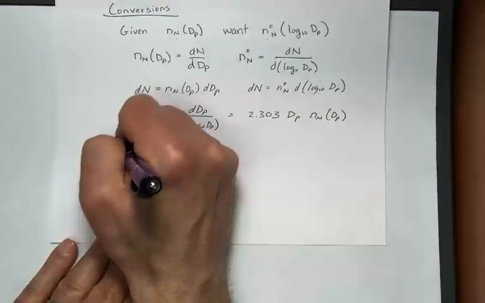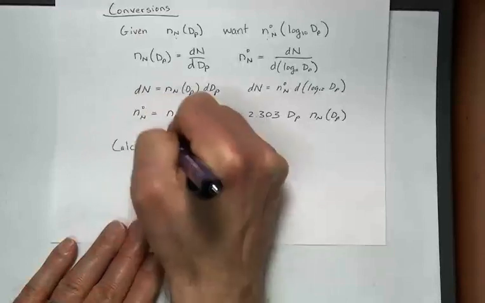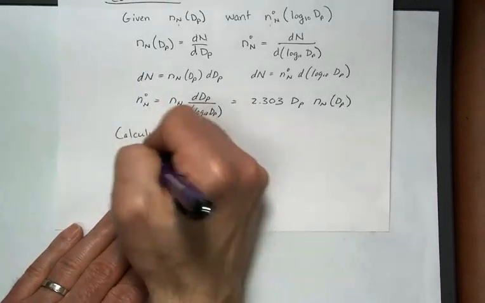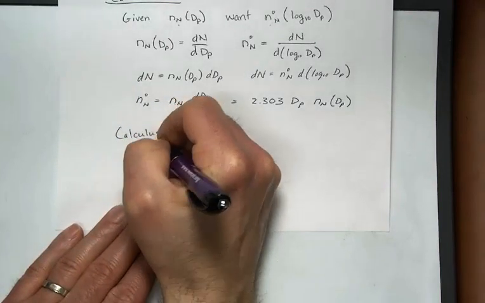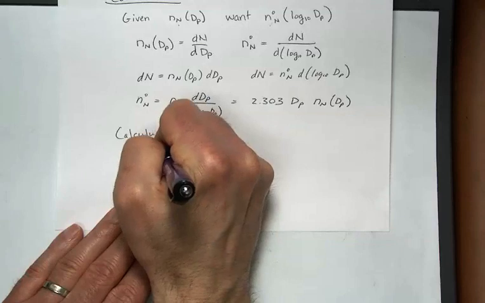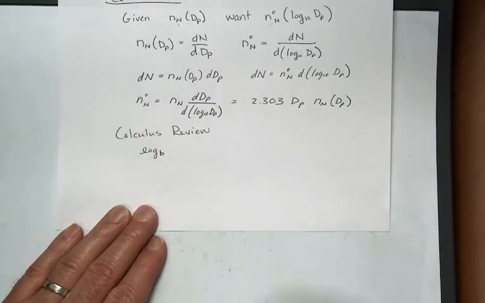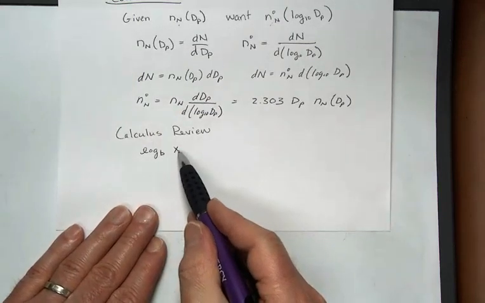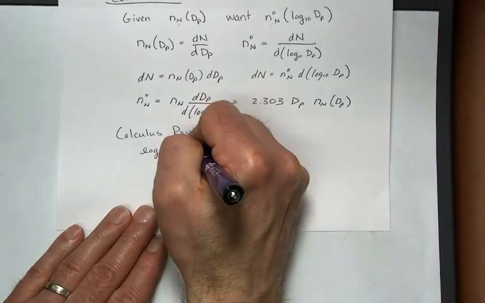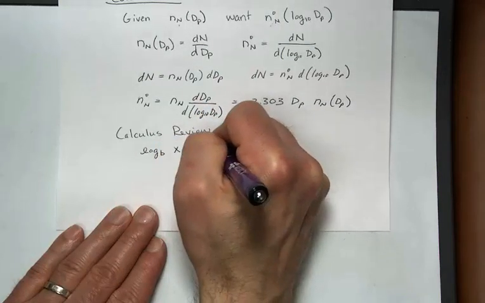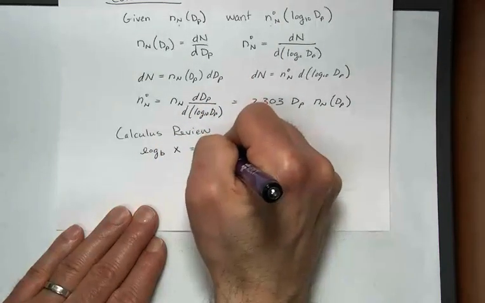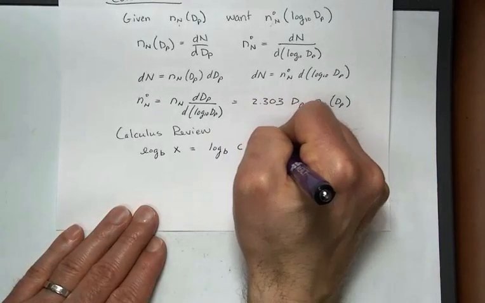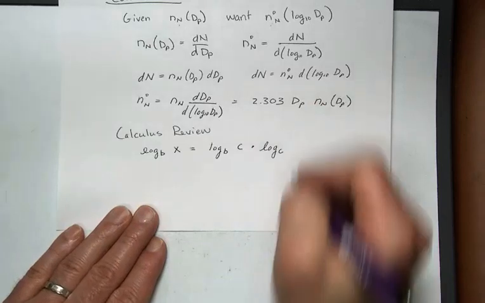So a little bit of calculus review. We can change bases of logarithms. So the base b logarithm of x is equal to the base b logarithm of c times the base c logarithm of x.